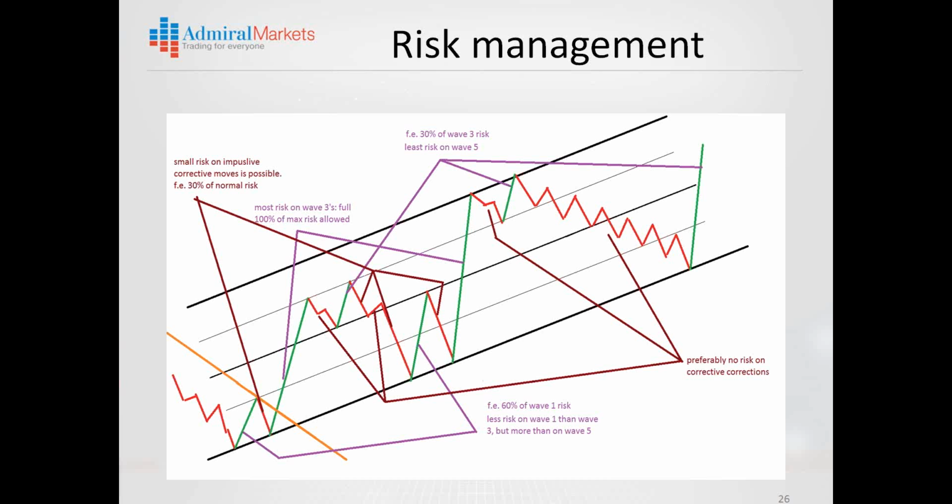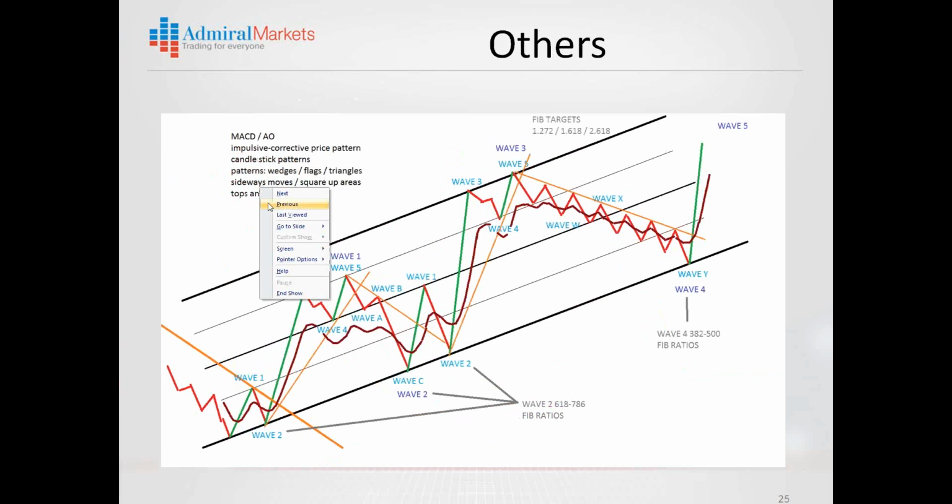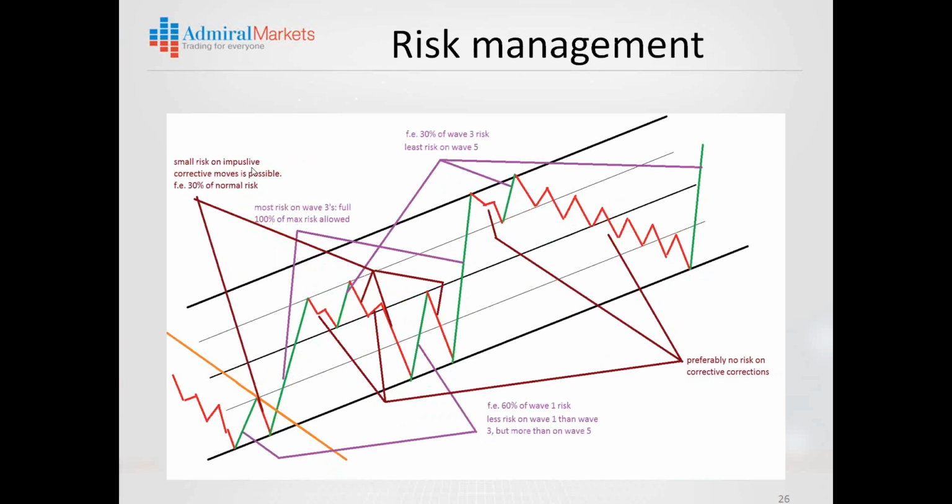So this is the risk management. I think, did I skip some? No. Alrighty. So what you want to do is basically take a small risk here at wave 2. And what you want to do is wait for the break of the wave 1 and then start adding here on smaller time frames so that you kind of add with the wave 3 of 3 here.